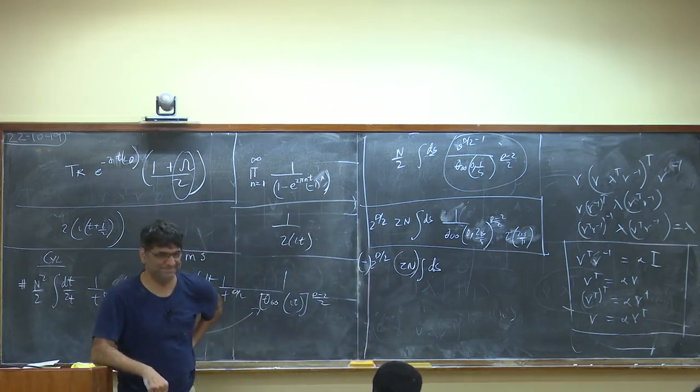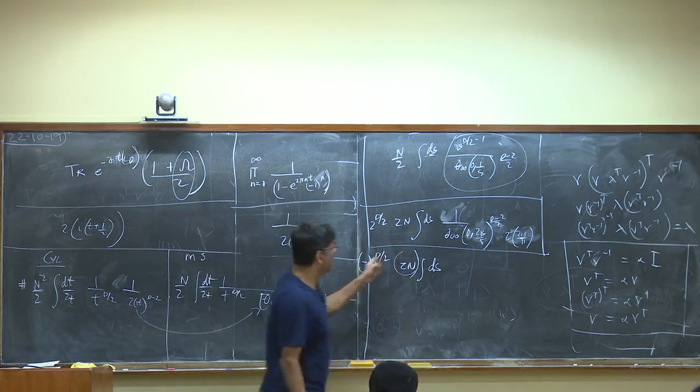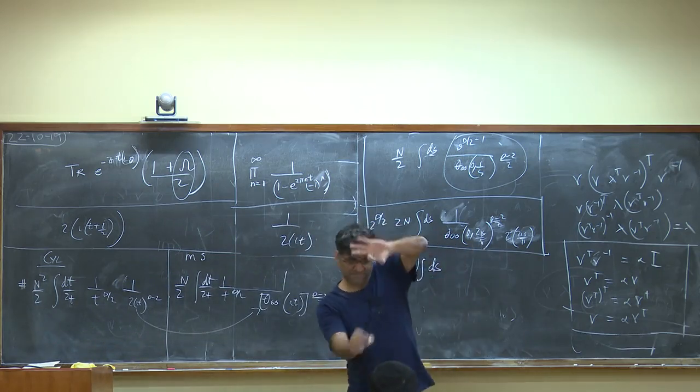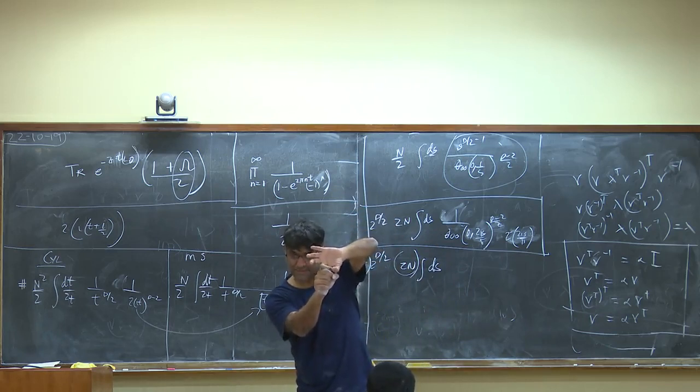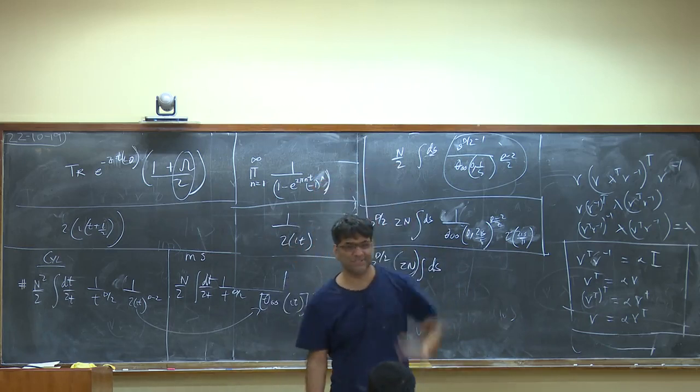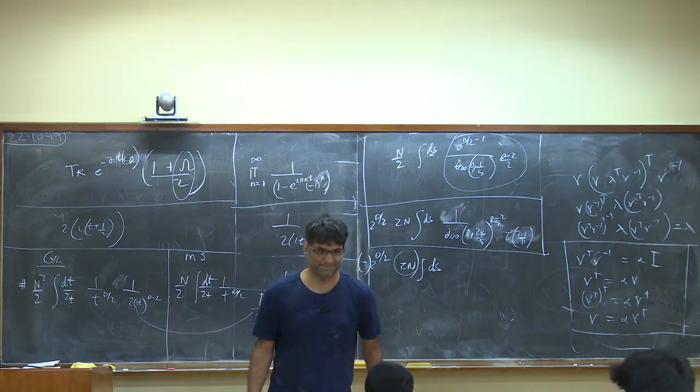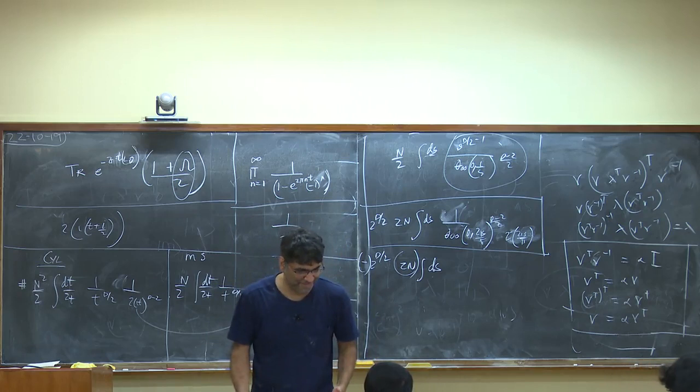Why does this happen? You remember that we got this divergence from the closed string exchange. Closed string exchange was oscillator number minus 1, oscillator number 1.